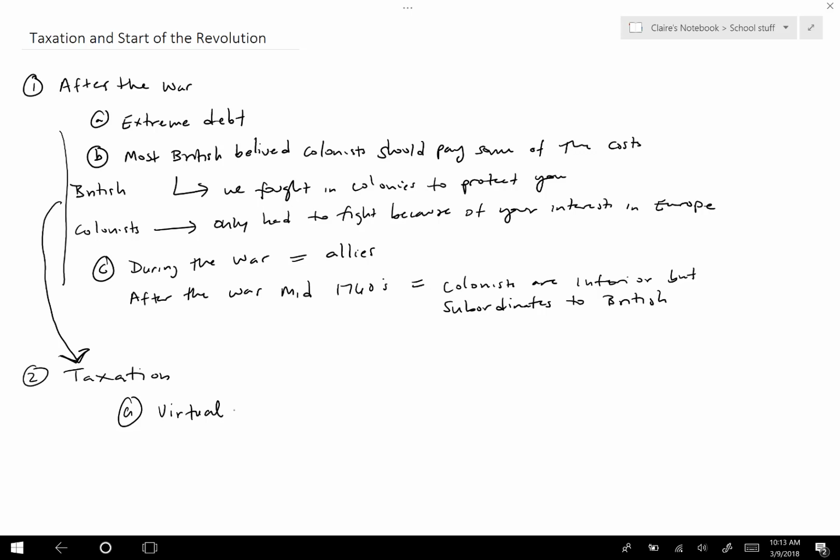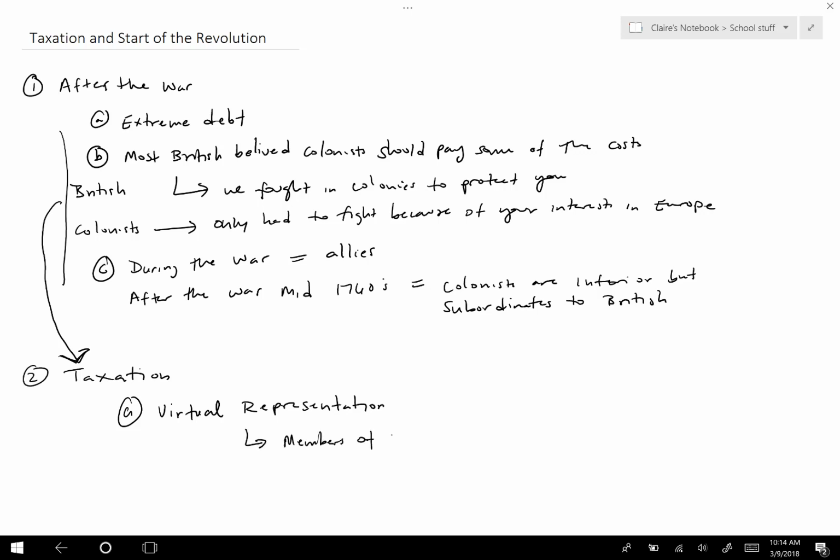So what they argued though is virtual representation, the British. And the argument with virtual representation was that each member represented the entire empire in Parliament, not just your own district. And so everyone who lived under the British Crown's interests was taken into account.